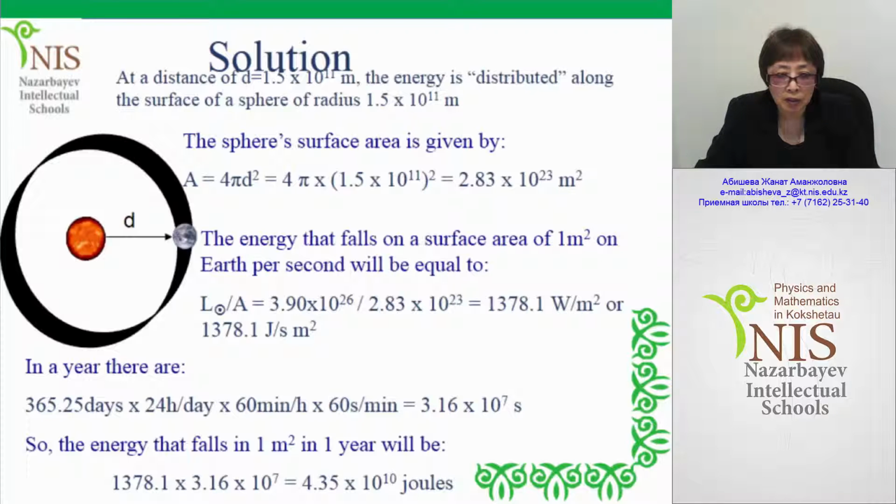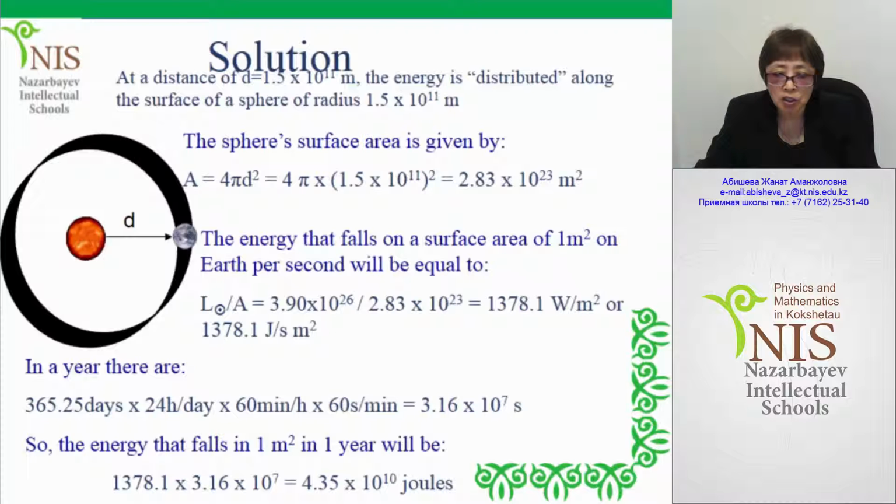In a year there are 365.25 days, multiplied by 24, multiplied by 60, multiplied by 60, equals 3.16 times 10 to the power 7 seconds.